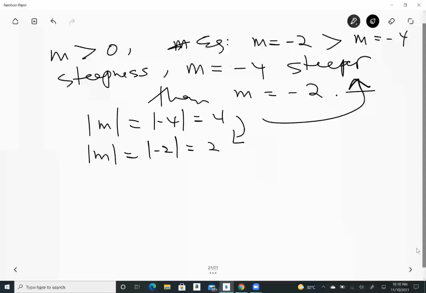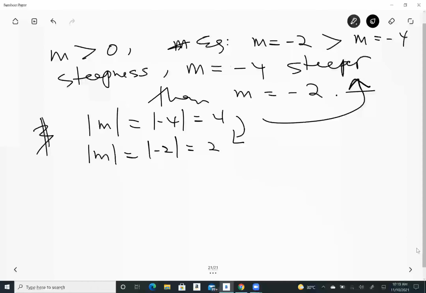But when we look at the steepness, we just disregard the negative sign. Then we conclude the same thing: the higher the number, the steeper the line is. So the example is these two. Any question about this?